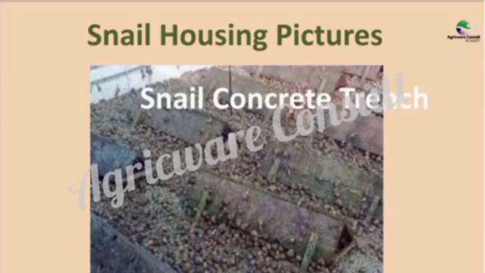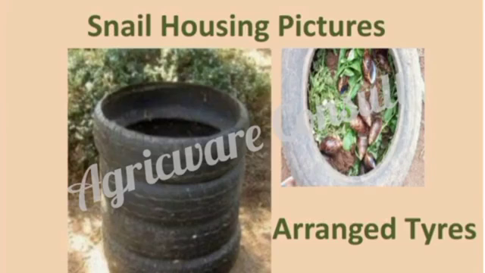This slide shows snail housing using old tires. These tires can be cut to create more space within the tire space and arranged or piled on top of one another to create adequate space for the snails.